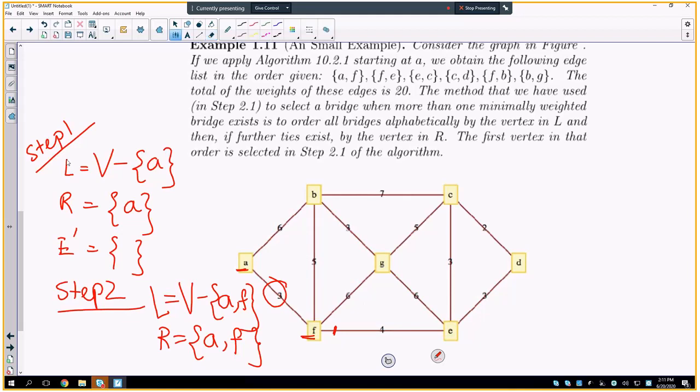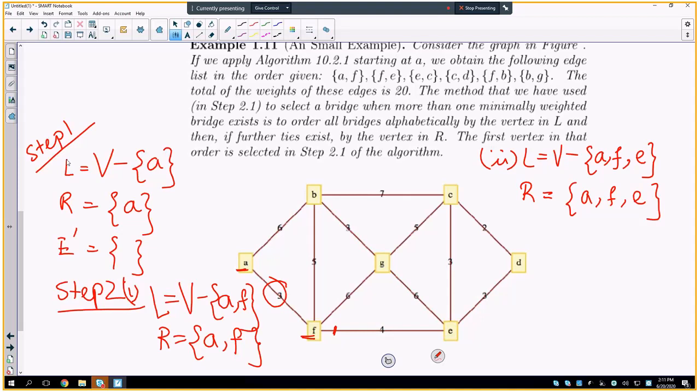So step 2, part 1 has given you a new L and R. Now step 2, part 2 is going to give me a newer L. So now L is the vertex set minus A, F, and we have added E in the subtraction list, whereas R is going to be the set A, F, E.